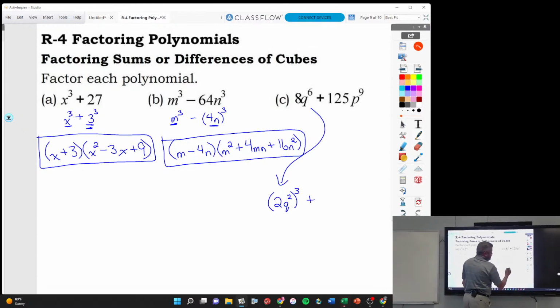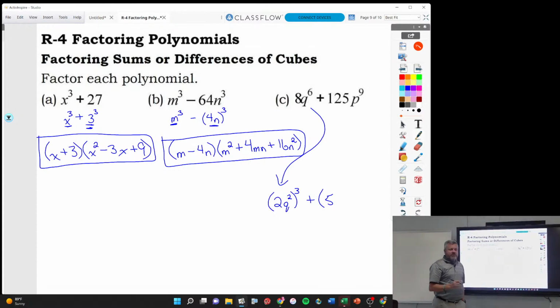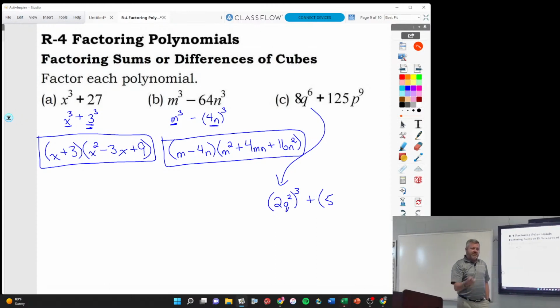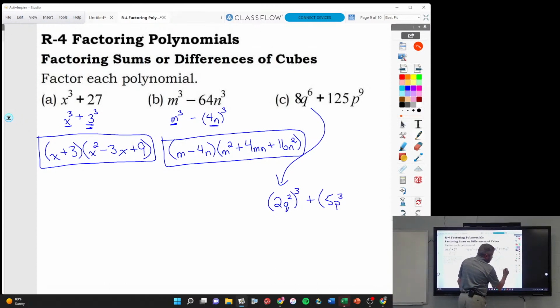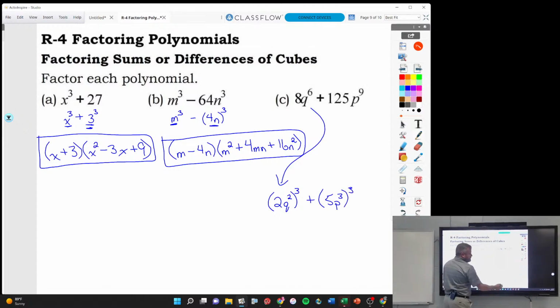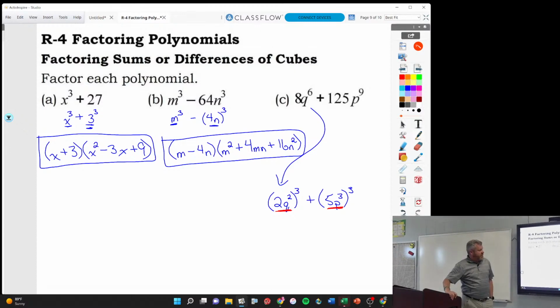Plus 125. 125 is a perfect cube. 5 times 5 is 25 times another 5, that gives you 125. And p to the 9th comes from p cubed times p cubed times p cubed. So doing that, this is my x, this is my y. My x is 2q squared, and my y is 5p cubed.